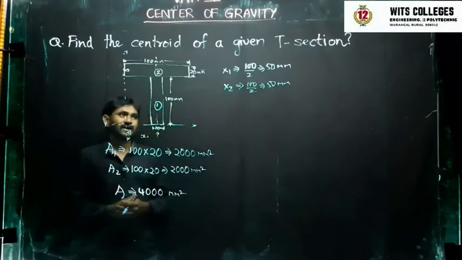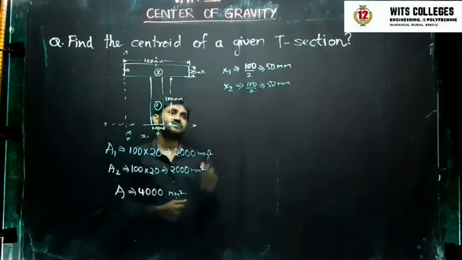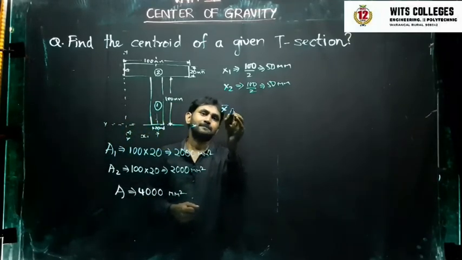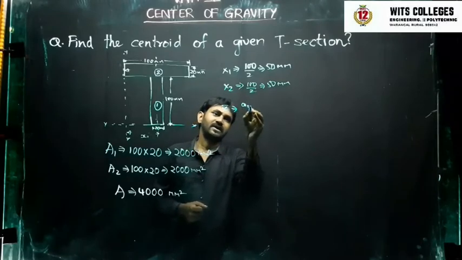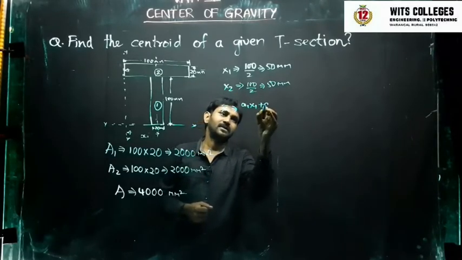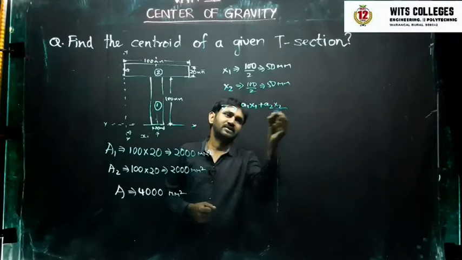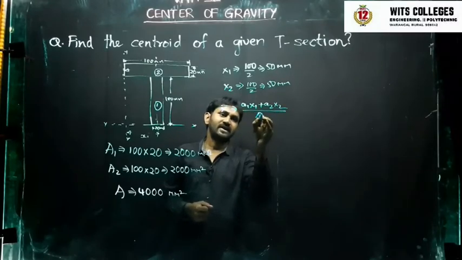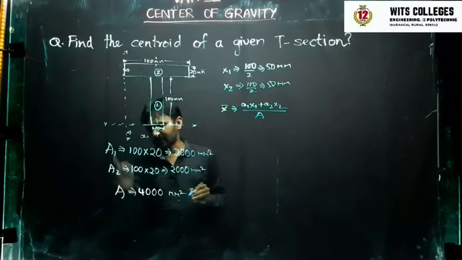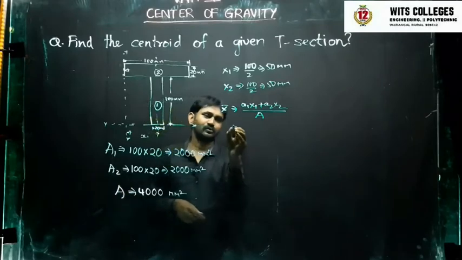Now, let me find out x bar from this. What is x bar? x bar equal to, I have a formula, A1 x1 plus A2 x2 by A1 plus A2, or capital A, whatever you write.